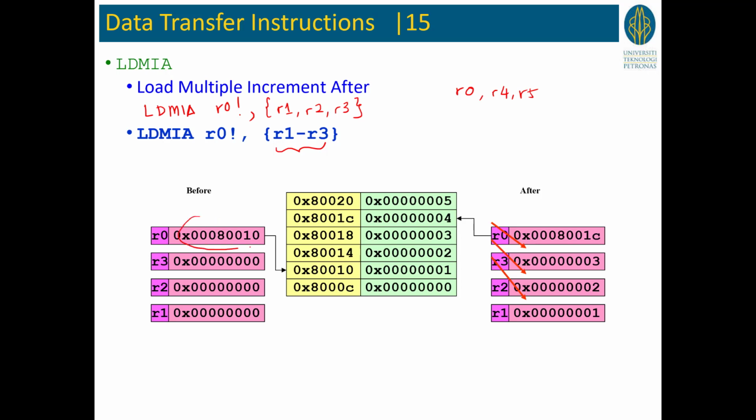It's 00080010. So looking at the memory, this is the memory. Finding the address at 80010, that's your base address. Because you are incrementing after, you take the value in first. The first value needs to go into R1, so that's why you see that it's being loaded to R1.